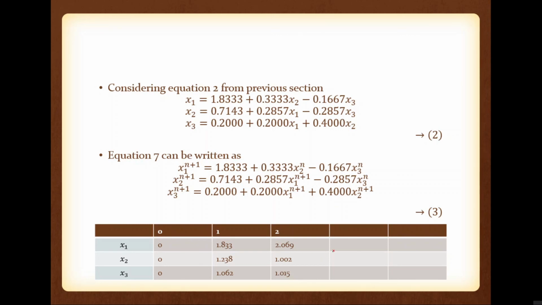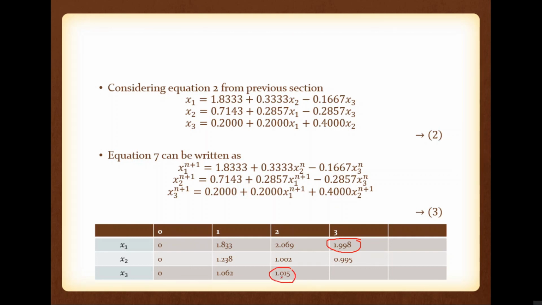Now the next iteration. In order to find x1 n plus 1, we need x2 n, that is this value, and x3 n, this value. By using these two values, we have x1 n plus 1 equal to 1.998. Now in order to find x2 n plus 1, we need x1 n plus 1, that is this value, and we need x3 n, that is this value.